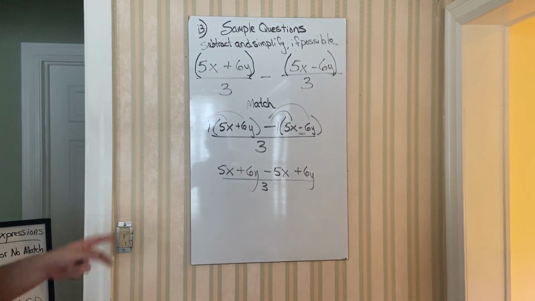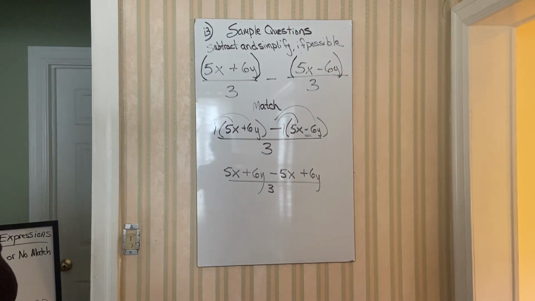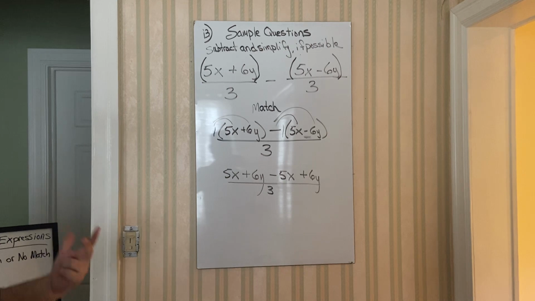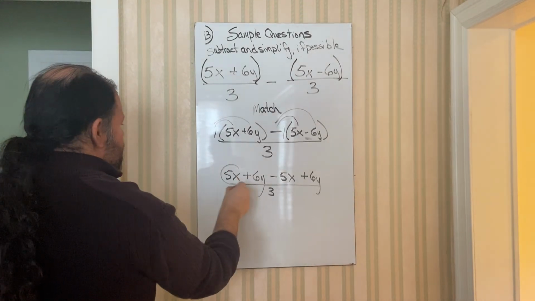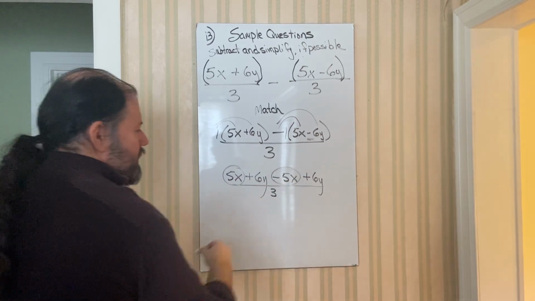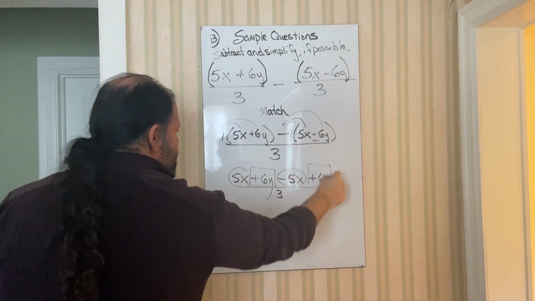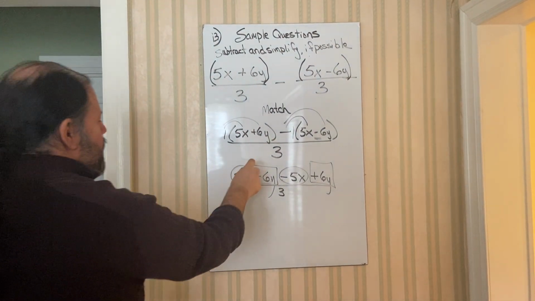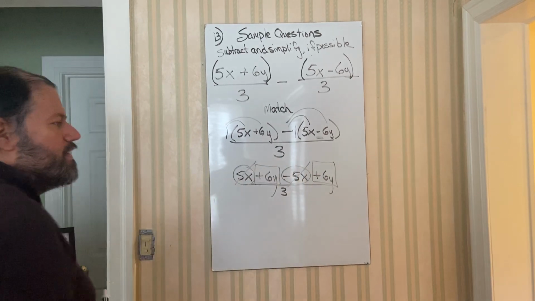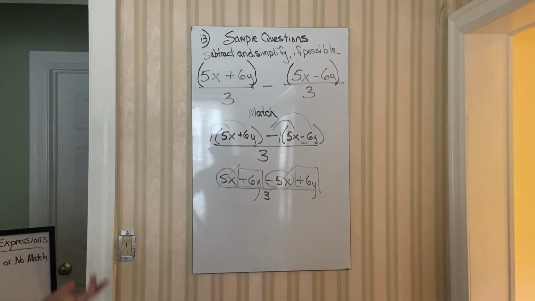Now once you have this distributed, your next step is to collect any like terms. Remember, to collect like terms, they have to have the same variable part. So 5x and negative 5x, they're like terms. Positive 6y and positive 6y, they're like terms. When you have one positive and one negative, you know you subtract. 5 take away 5 is 0 x's.